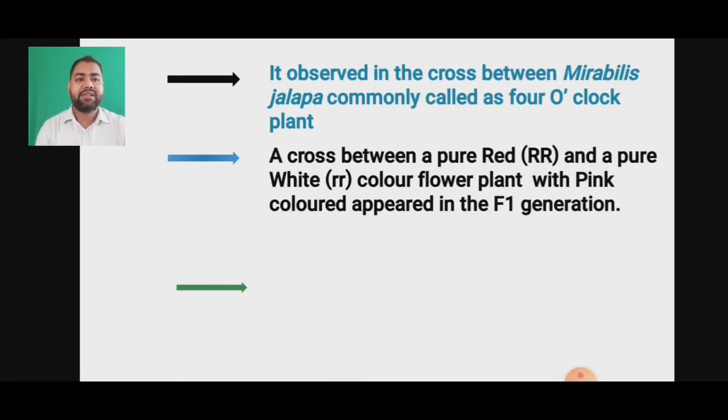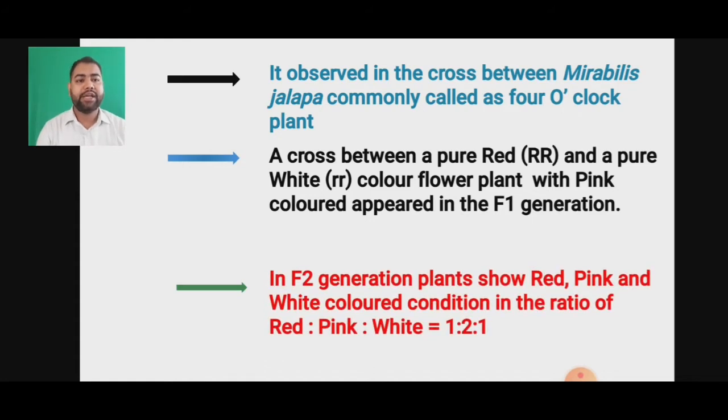It was observed in the cross of Mirabilis jalapa, commonly called the four o'clock plant, a cross between a pure red flower plant, genotype capital R, and a pure white flower plant, genotype small r. A pink-colored flower appeared in the F1 generation.